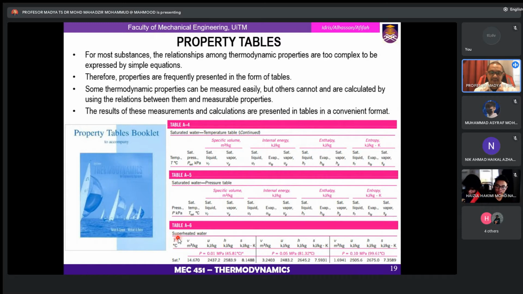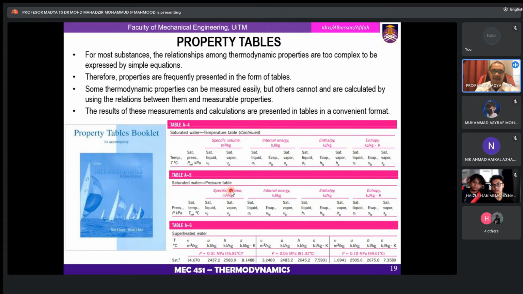That is dia di bawah bukit ataupun line yang saya terangkan sebelum ni. So that is the region of mixture. When you want to make a calculation analysis in this region, you have to use table A4 and table A5, that means for the saturated water temperature table and also the saturated water pressure table.